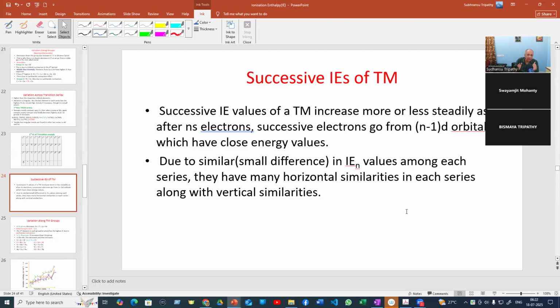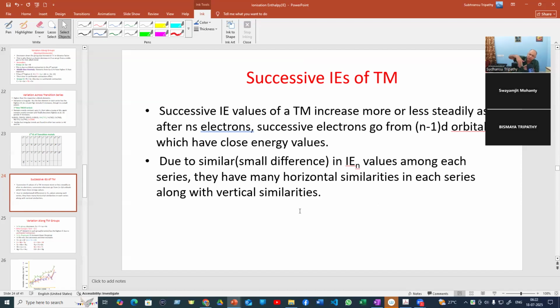For transition elements, successive I1, I2, I3 increase, no doubt, in a very steady manner, because the subsequent electrons are removed from n-1 d orbitals. The first two are ns, then they are removed one after another from n-1 d. Due to small difference in I1, I2, I3 values among each series, they have many horizontal similarities in each series along with vertical similarities.